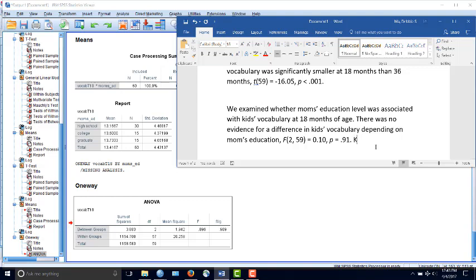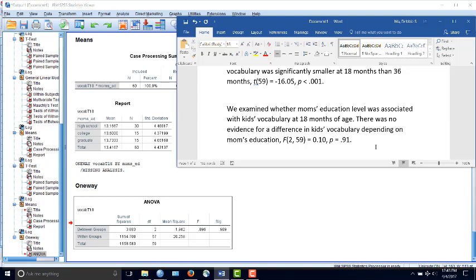But unlike in the previous case where the overall F test was significant, which tells us that some group is different, here the overall F test is not significant, so we don't have to do any further exploration. All of these means are not going to be statistically different from each other. They're all going to be no difference. So we don't have to belabor the point and report all of these.